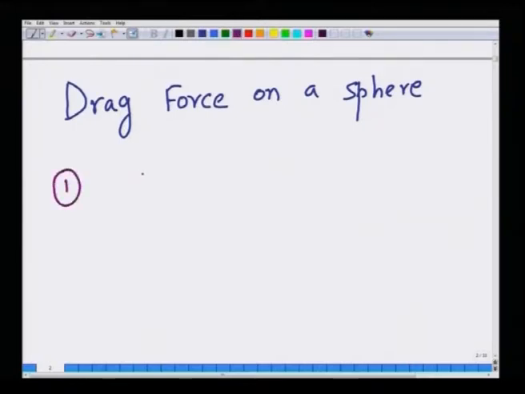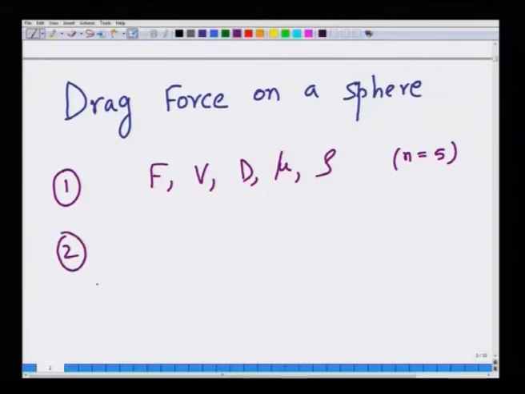The relevant variables are the force, velocity, diameter, viscosity and density. So, there are n equals 5 variables. And the second step is to find out what are the primary dimensions present among these 5 variables. The fundamental, the word I used is fundamental dimensions.